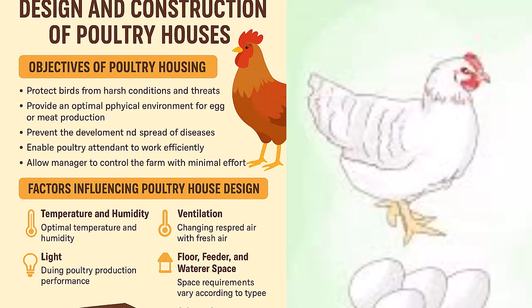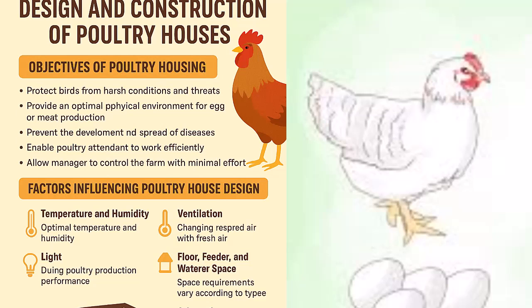Length: not more than 100 to 120 feet, to avoid management difficulty. Width: 30 to 40 feet, to ensure ventilation. Ceiling height: 3 to 3.5 meters for better airflow and comfort. Walls: 30 to 45 centimeters, open side, to promote cross ventilation.